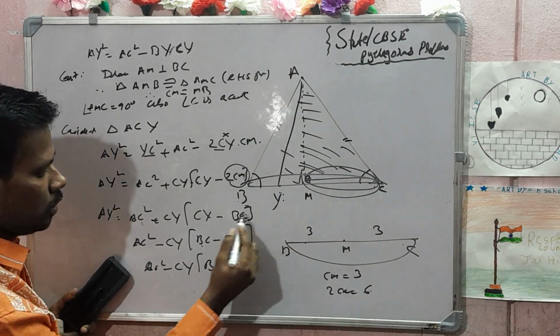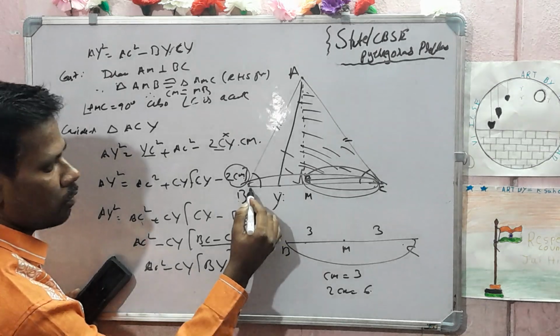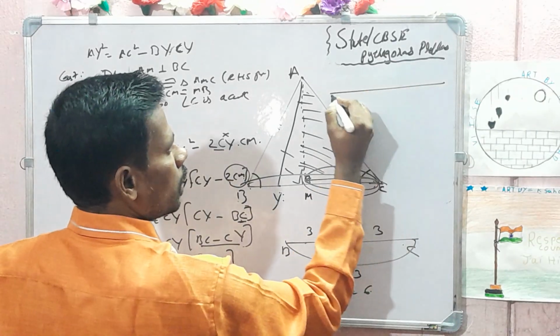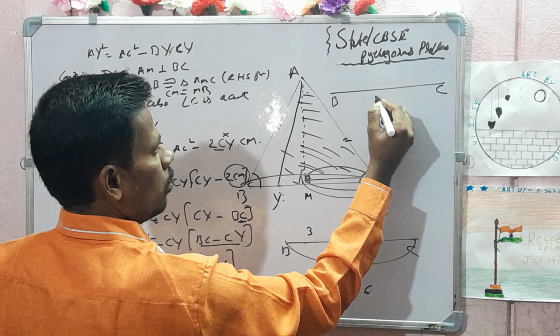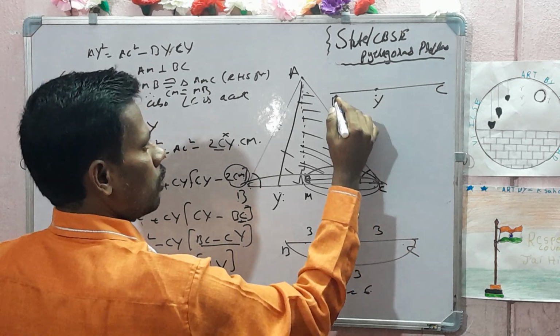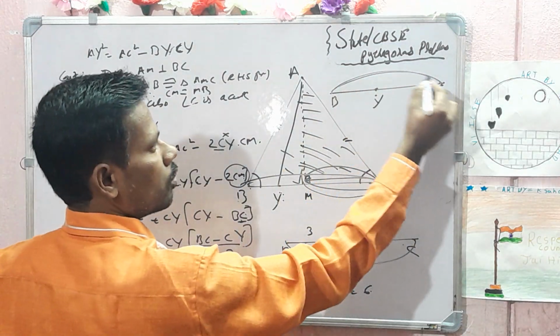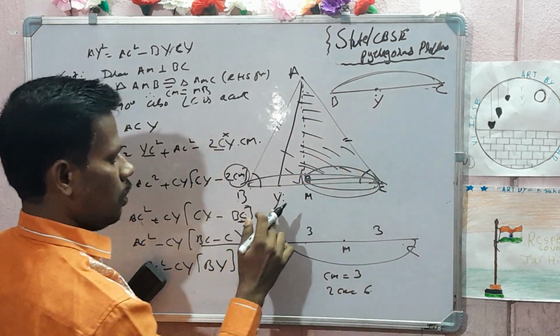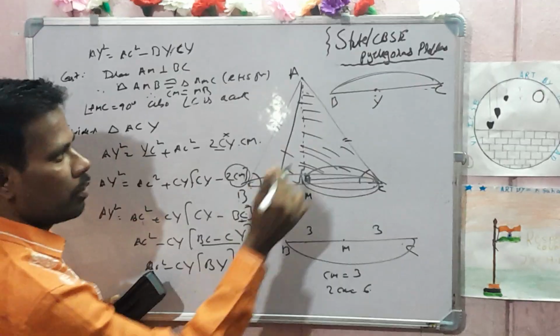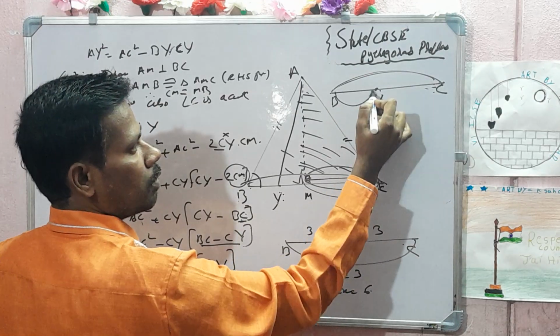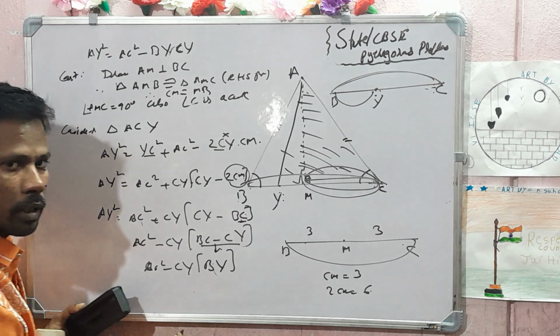Once again, see here, BC minus CY. Again I will draw the diagram for you. BC, here it is Y. BC minus CY is nothing but BY, no? This complete length minus this length. So in place of this I have written BY.